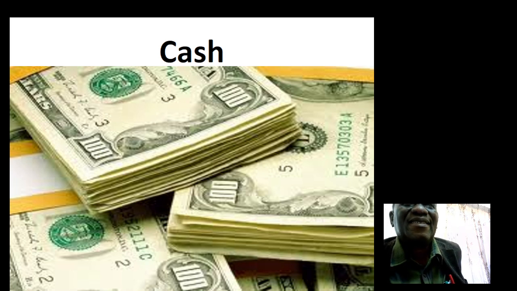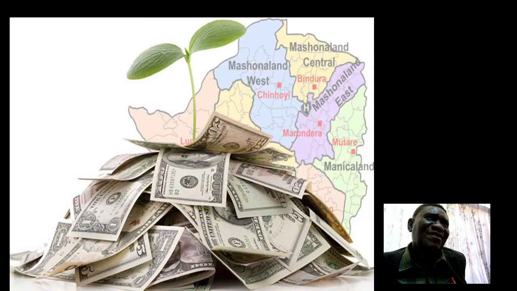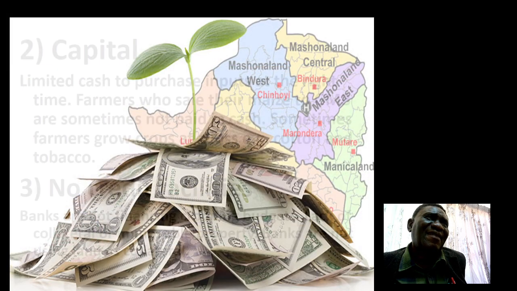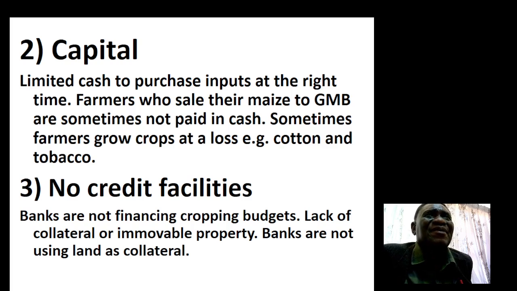Also, cash is not available. So cash or capital, there's limited cash to purchase inputs at the right time. Farmers who sell their maize to GNB are sometimes not paid in cash.